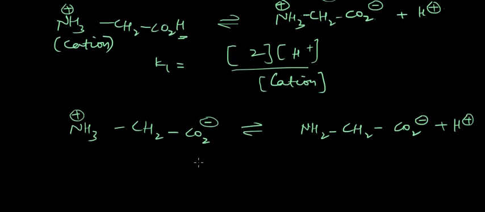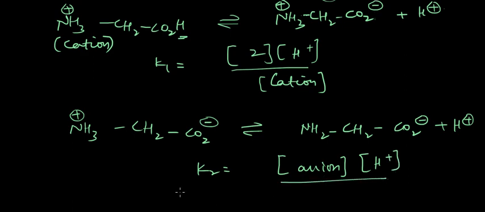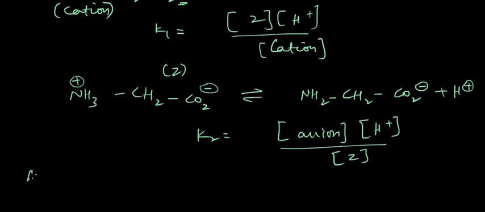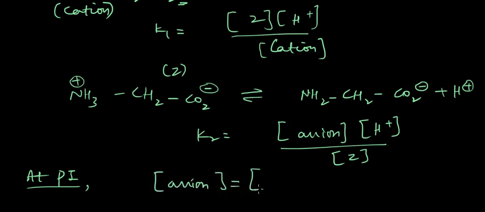The K2 of this reaction would be the concentration of anion times the concentration of H plus divided by the concentration of Z. At Pi, the concentration of anion would be equal to the concentration of the cation as per the definition of Pi.